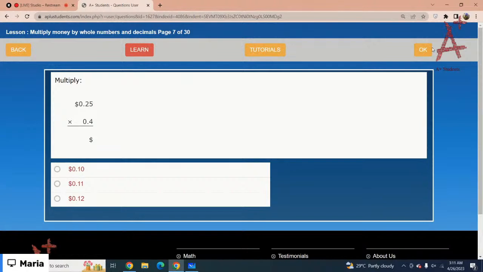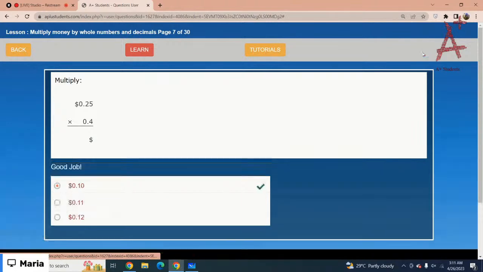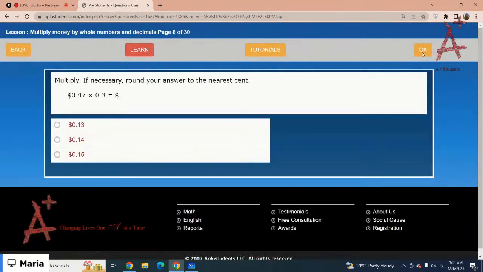It would be then 0.10. Option number 1 is the correct option because 25 times 4 is 100. You need to move the decimal point 3 places left, so it would be then 0.10. The correct option is 0.10. Very good.